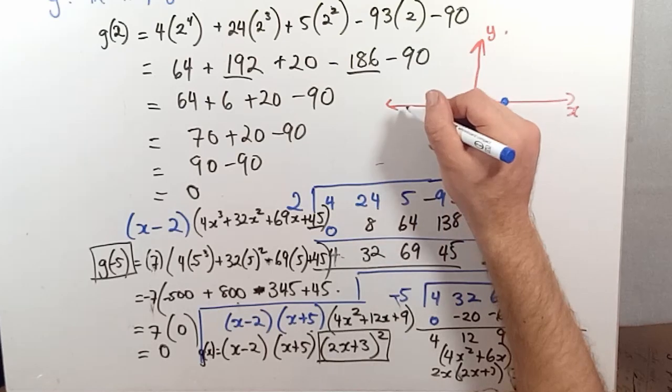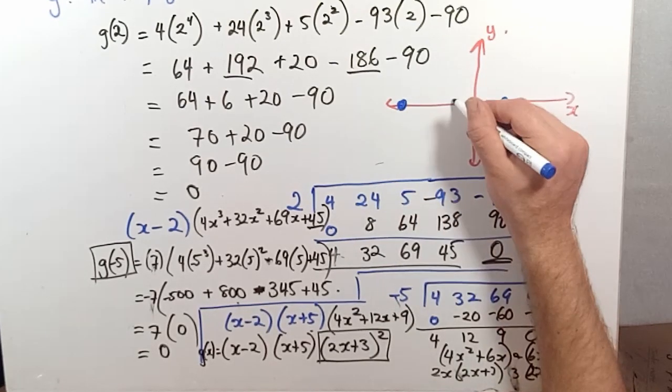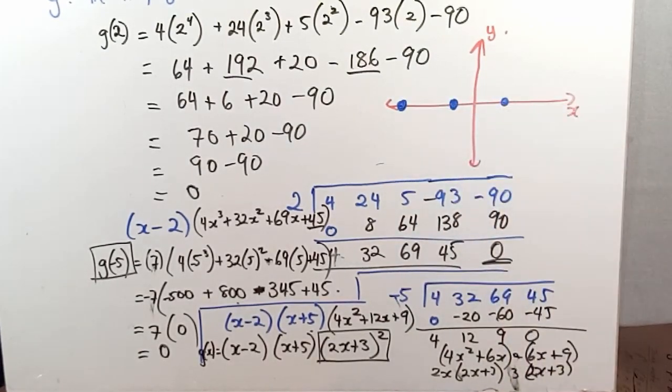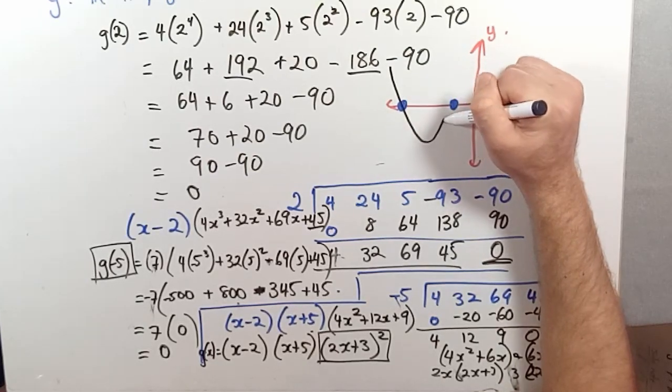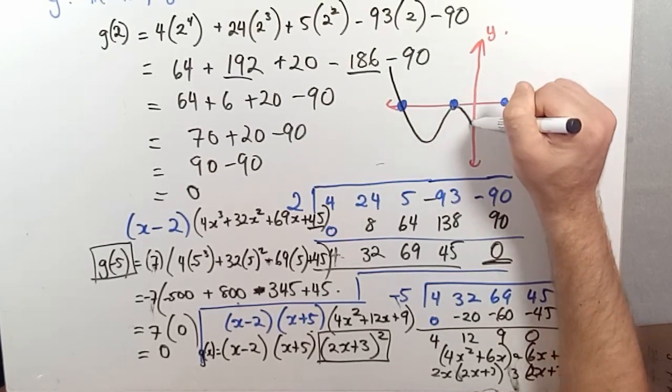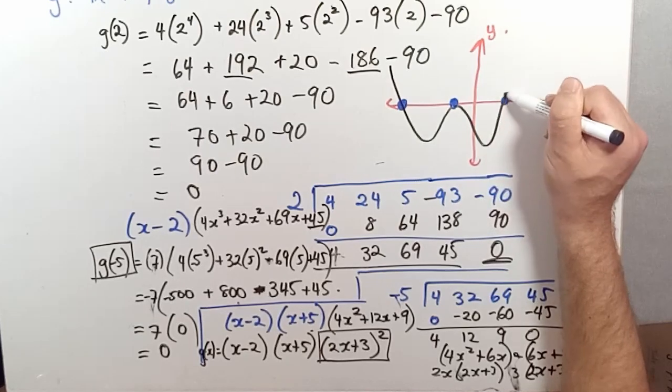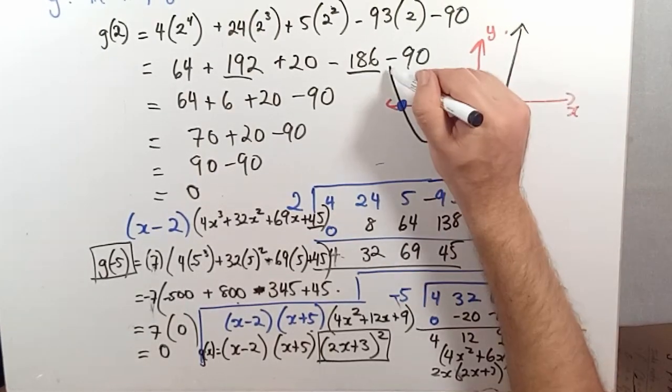I've got x equals -5 there, and x equals -1.5 there. So I know it's an upright quartic. So that means it's going to start up here. It's going to go down through here, and it's going to turn at this one. It's going to go down through here, turn and come back up, go this way.